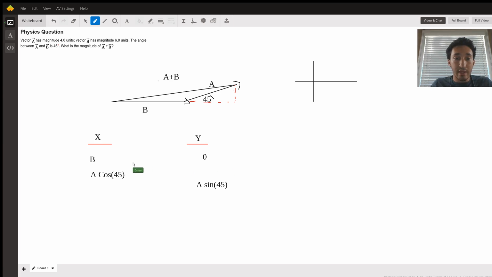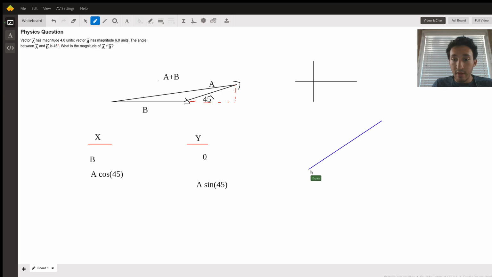So now that we have our components, these are the two components of the vector. Now we have to think about how we're going to get the magnitude. Well, let's draw it out as a triangle. I'm going to redraw it.